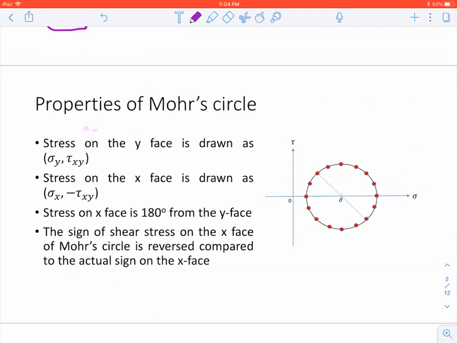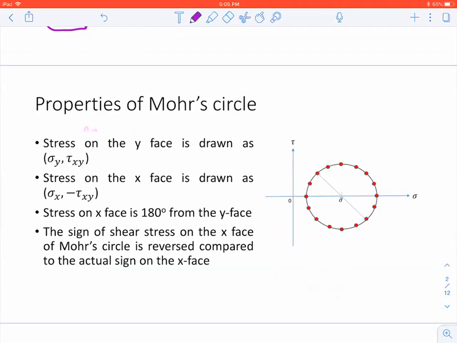I mean, it can look very different as well. You can have a Mohr circle like this. You can have a Mohr circle that looks like this. So depending on the problem, your Mohr circle will change.